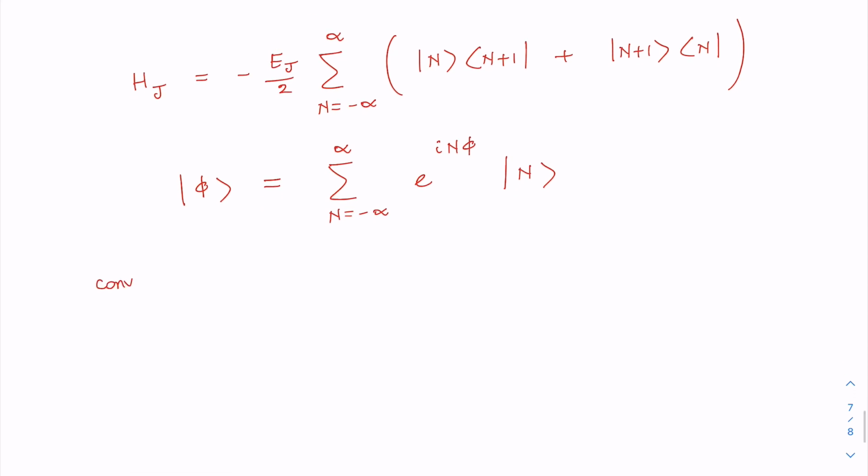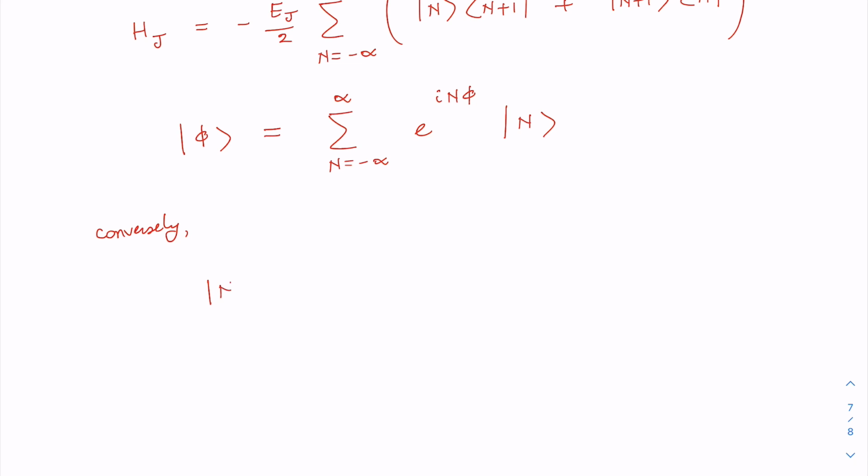Conversely, we can write ket n is equal to 1 by 2 pi integration 0 to 2 pi d phi e to the power minus i n phi ket phi. It's very easy to show that this is what you will get.